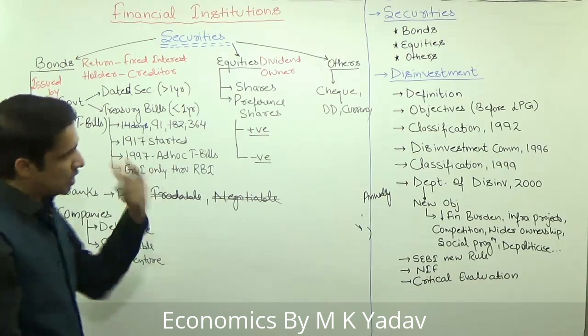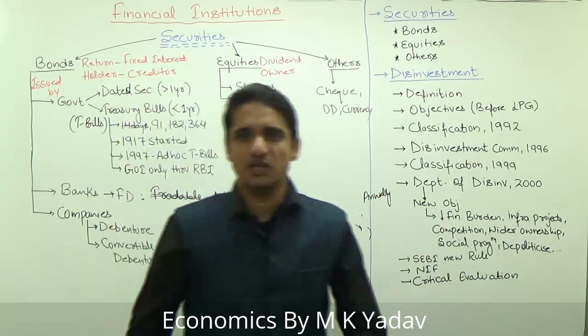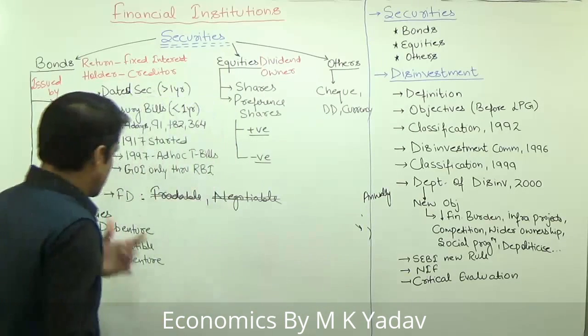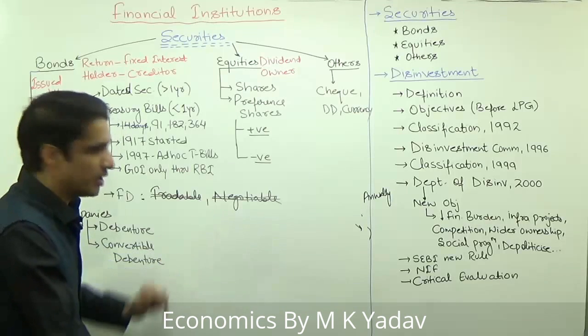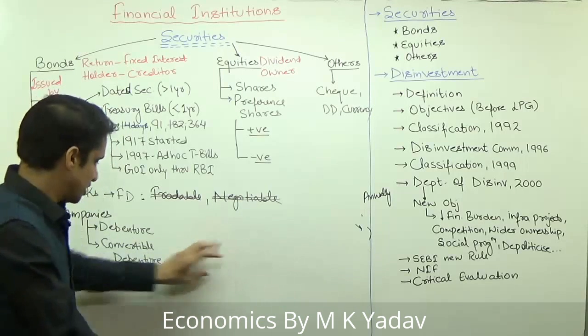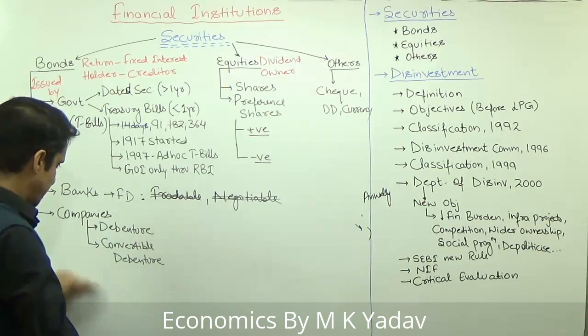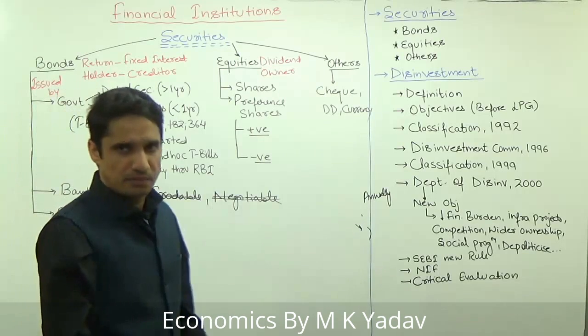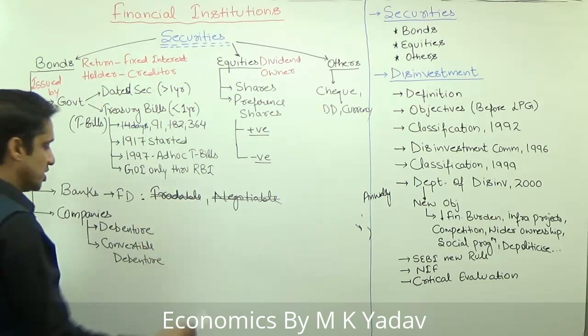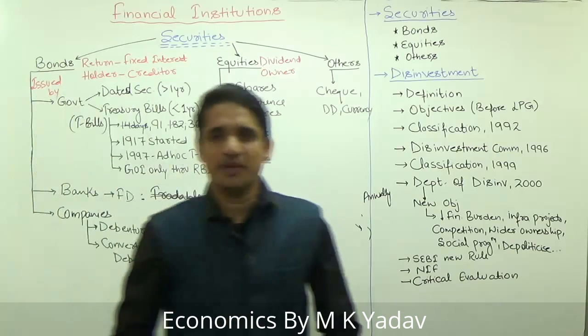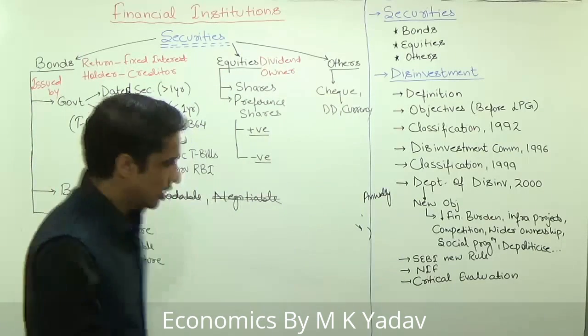One more classification, depending on the type of debt, we will discuss during the Basel norms: normal debt and subordinate debt. But here, debenture and convertible debenture. So debenture is finished. Any bond issued by a company is known as debenture.